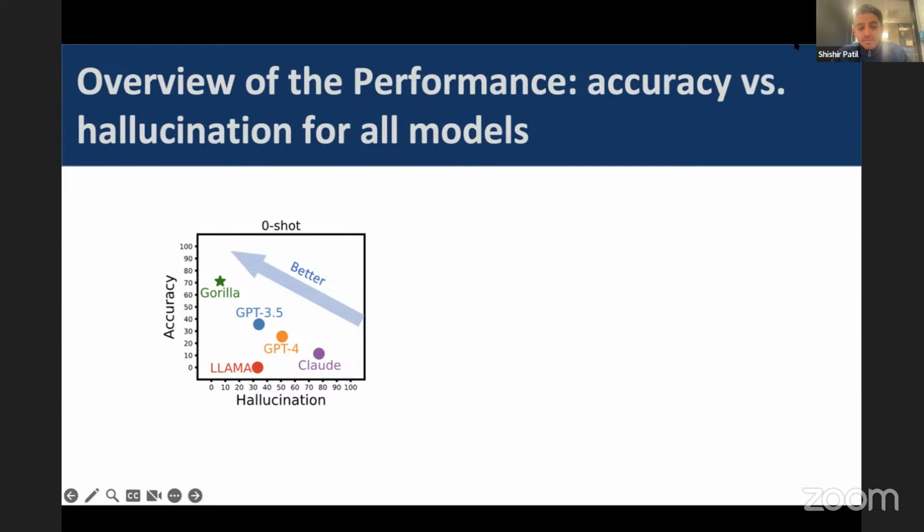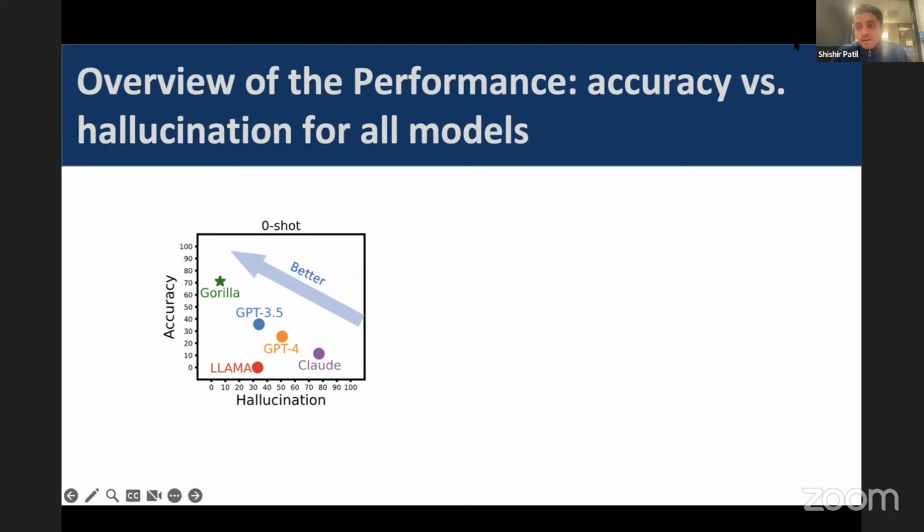Or I ask the LLM, hey, how do I send $100 to Shri? And the LLM says, use the PyTorch API. Now you can't send money to each other using PyTorch. So it's not accurate, but it's not exactly hallucinated, right? Because PyTorch APIs do exist. They just don't do the task well. On the other hand, if the LLM said, hey, use the Shri API, then that API does not exist.